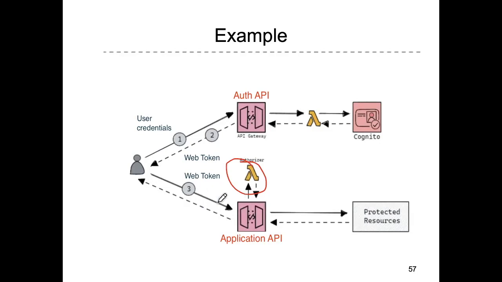So when a request comes into the application API, and if that request is to try and access one of my protected routes, then the request will have to include a JWT token, which would have been issued when the user logged in. And that JWT token needs to be validated. And that validation is going to be carried out by this Lambda here. And it will actually talk to Cognito as part of that validation. So I should really have a connection there.